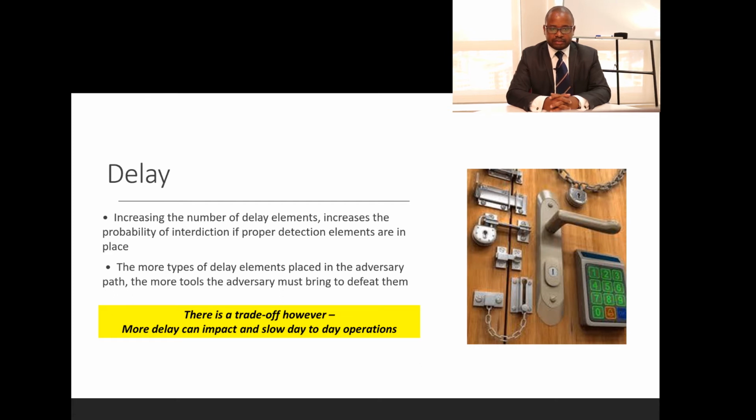Increasing the number of delay elements actually increases the probability of the intruder being intercepted. The more delay elements in the adversary's path, and the more tools the adversary must bring to defeat these delay elements, the more the adversary is slowed down.